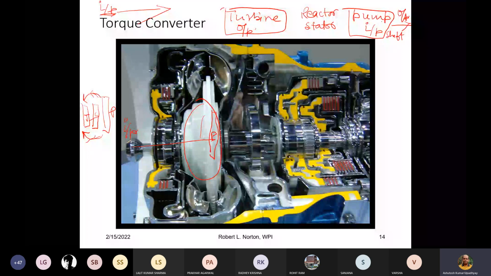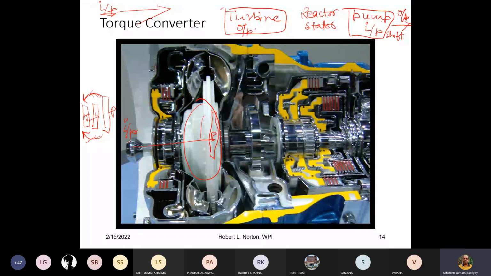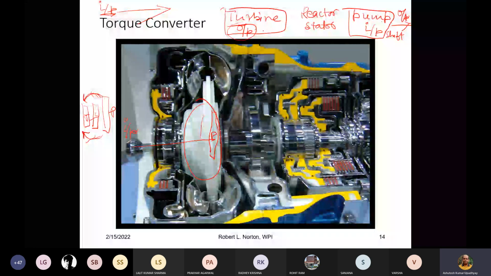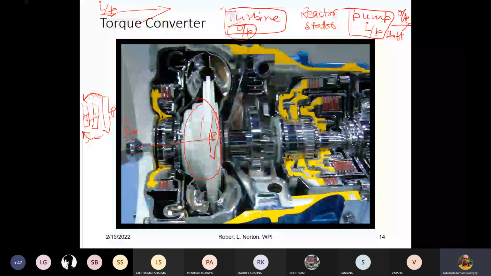The pump is transmitting to the turbine, so this turbine will start rotating. And this turbine is connected to what? The output shaft. So it will go to the output shaft. When you require a high amount of torque, this turbine will create that high torque. When you require low torque and high speed, this turbine will create that.